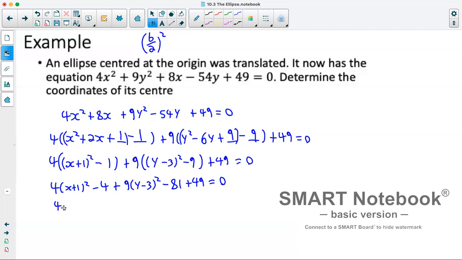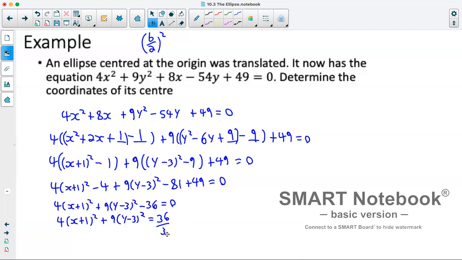So simplifying things a bit, that's 4 times x plus 1 squared plus 9 times y minus 3 squared. And then if we have negative 4 minus 81 plus 49, that gives us negative 36 equals 0. So we've got 4 times x plus 1 squared plus 9 times y minus 3 squared equals 36.